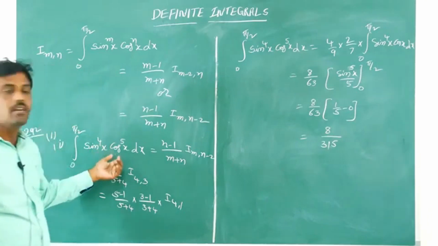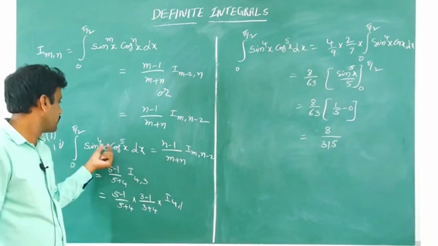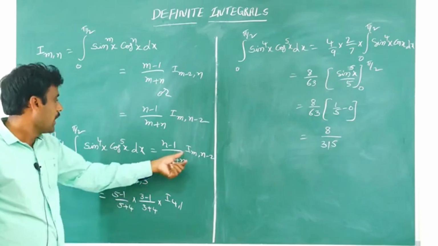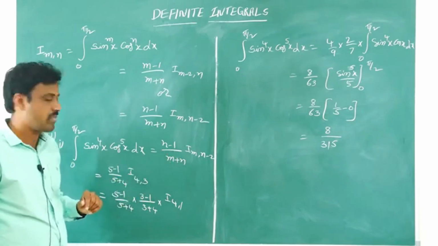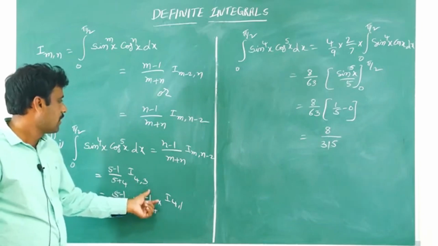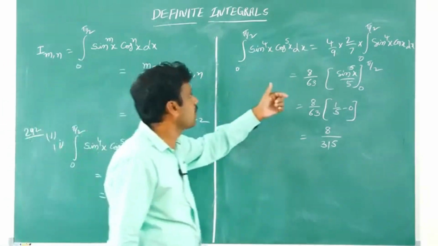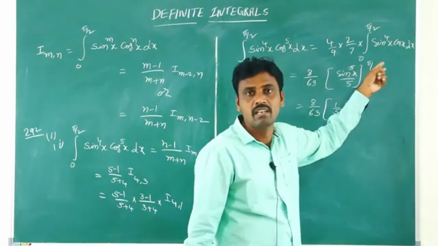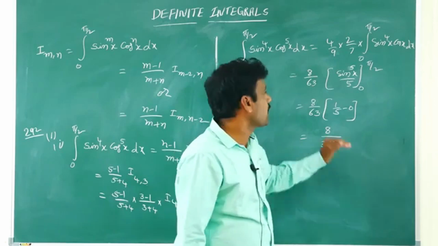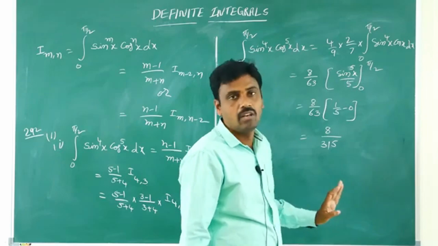Here m is 4, n equal to 5, so (5-1)/(5+4) into I(4,3). Next, (3-1)/(3+4) I(4,1), that is 4/9 into 2/7, with sin^4 x into cos x as f(x)^n into f'(x), giving f(x)^(n+1)/(n+1) from 0 to pi by 2, upper limit minus lower limit.